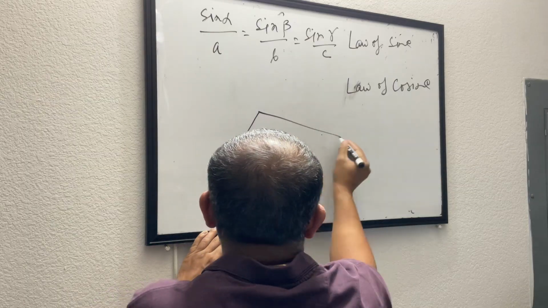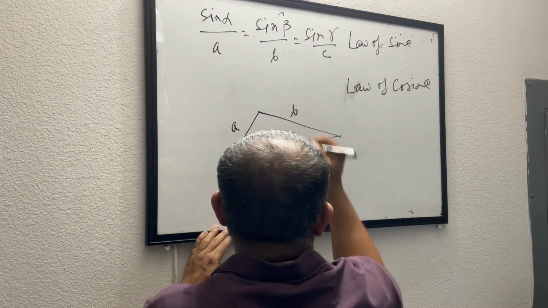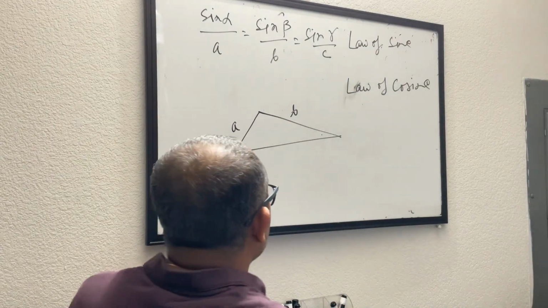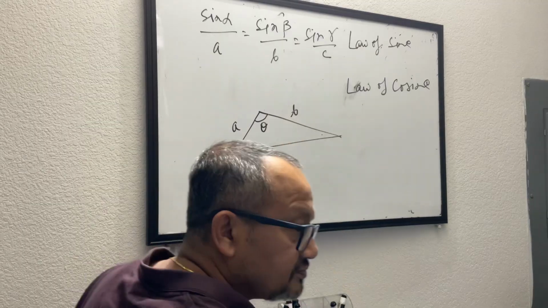If you have, let's say, a triangle, let's say this is A and this is B. There are two sides that are known to you, and the angle between them, let's say this is theta.